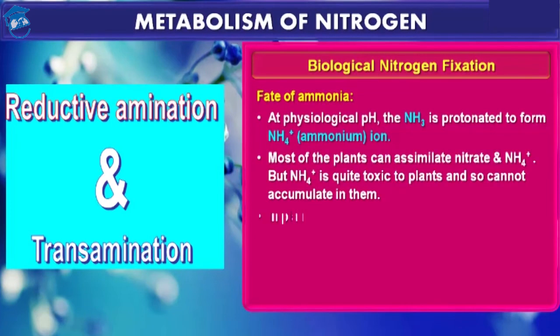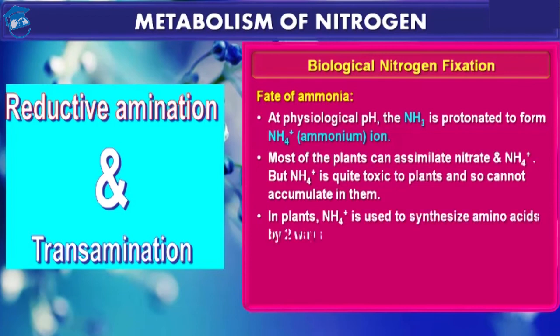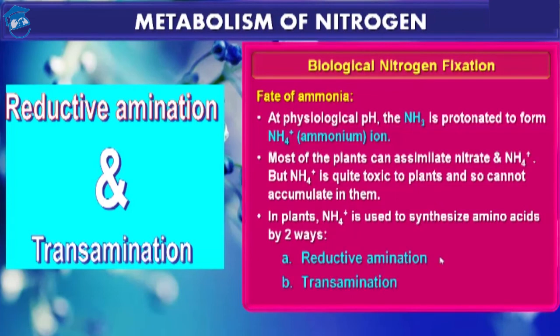Let us now see how ammonium ion is used to synthesize amino acids in plants. There are two main ways in which this can take place. First is reductive amination and second is transamination, students.